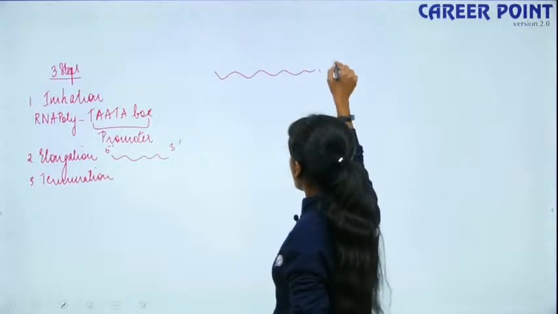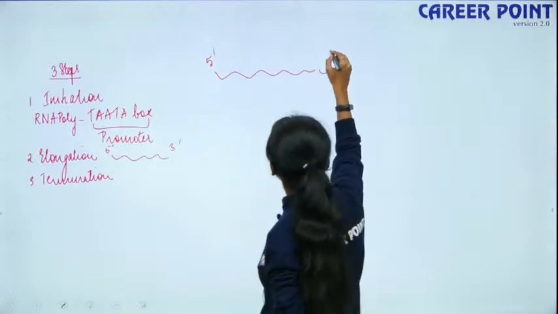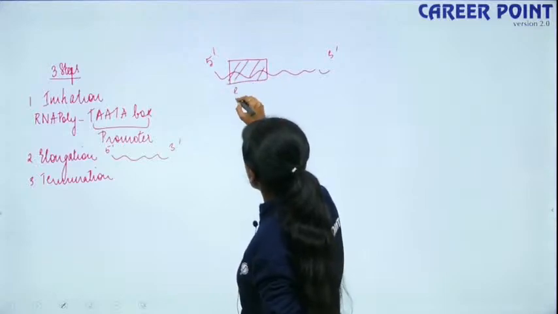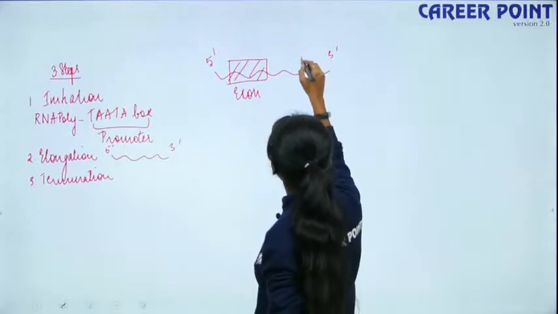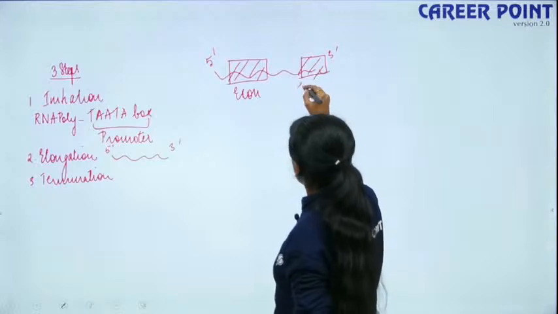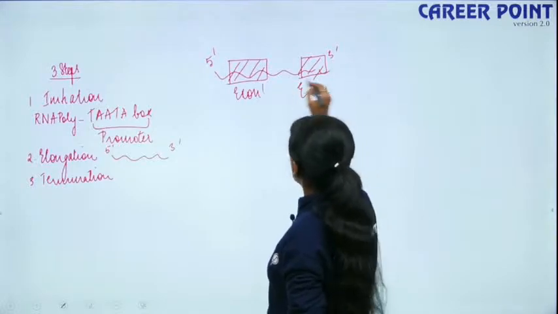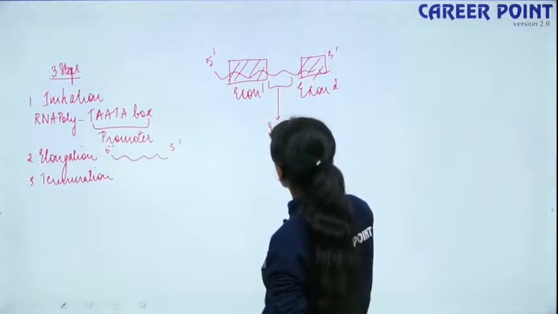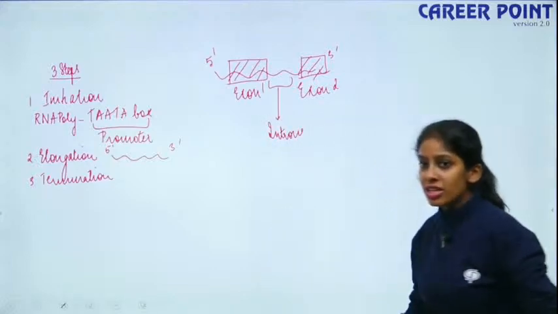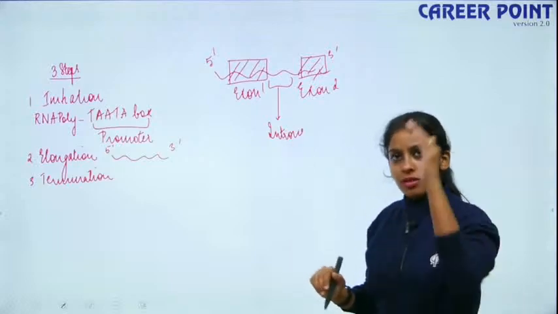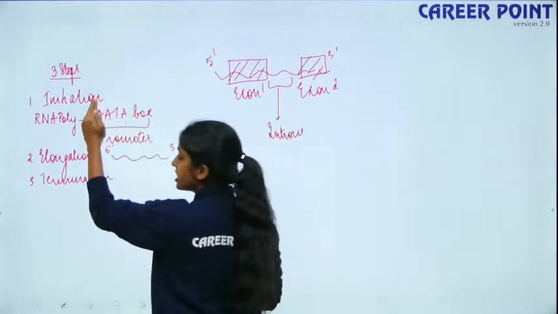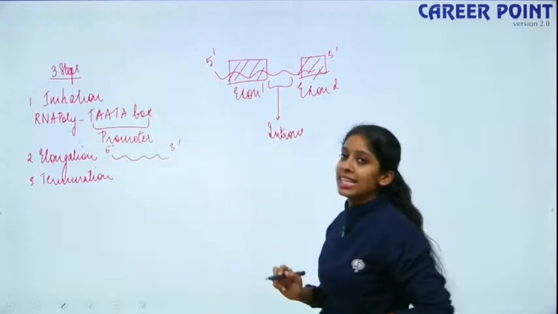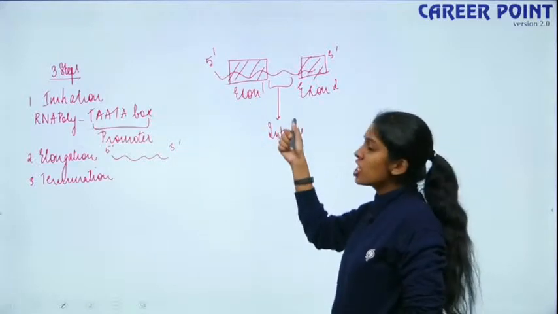So this is my mRNA. But in my eukaryotic mRNA, if this is my exon, the next exon is here. I have unnecessary or non-coding sequences known as introns. So now this is not complete. Just after initiation, elongation and termination, which is transcription, the RNA that comes out has both exons and introns.